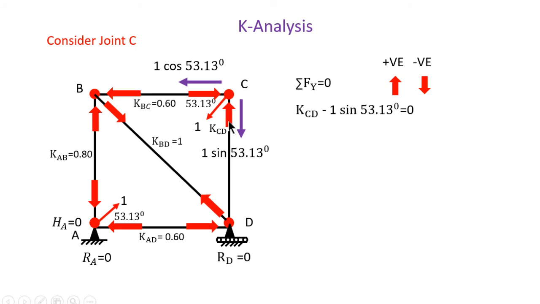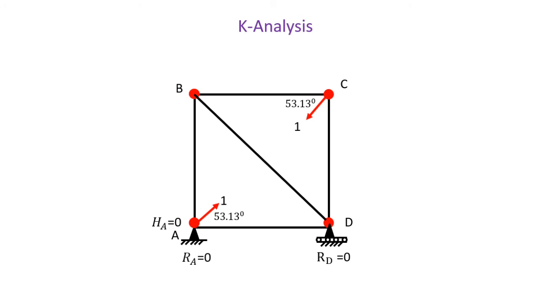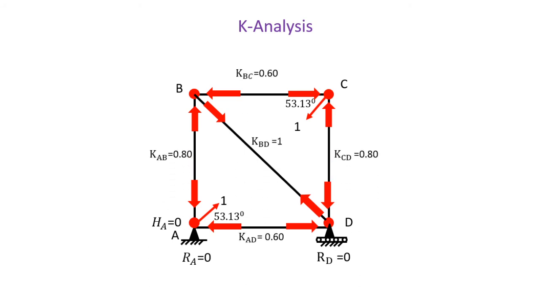So KCD is vertically upward, so that is why it is a plus, and 1 sin 53.13 is downward, that is why it is a minus. So we can say that KCD is equal to 1 sin 53.13 and KCD is equal to 0.8. In this way we got all the forces. So these are the directions of the member forces and this is the magnitude of the forces.